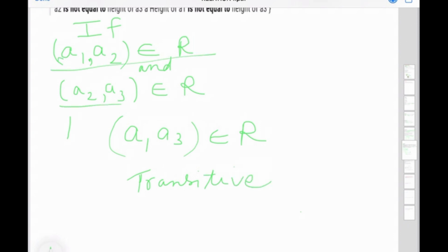That is, (a1, a2) belongs to R and (a2, a3) also belongs to R implies that (a1, a3) will also belong to R. That time it will be transitive.